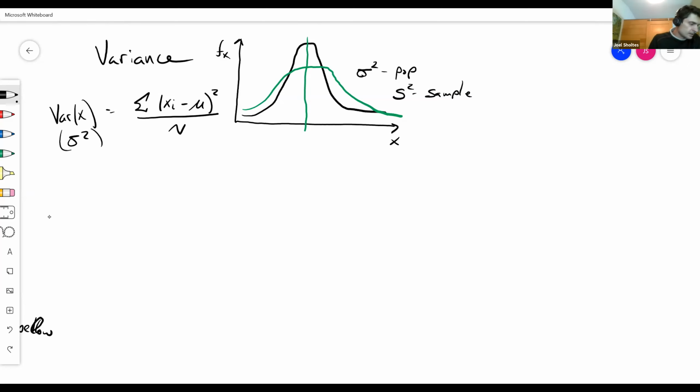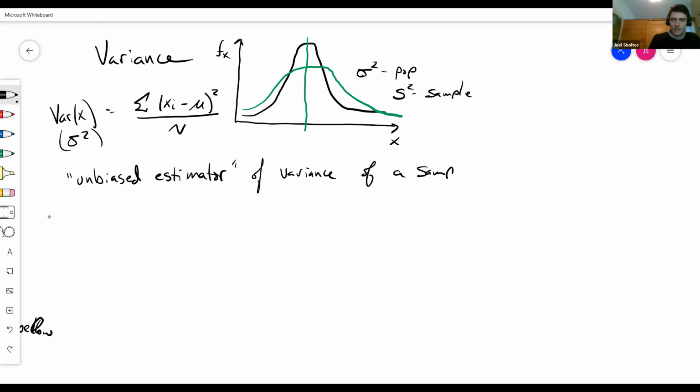And if we want to calculate what's called an unbiased estimator of the variance of a sample, then we use a little bit of a different equation.